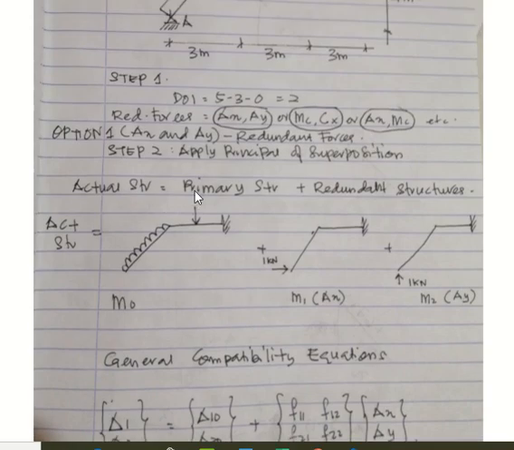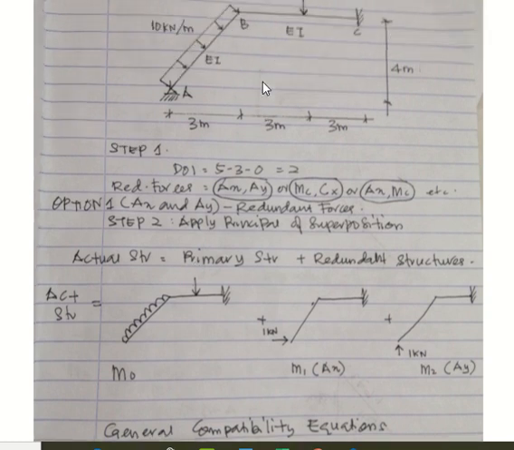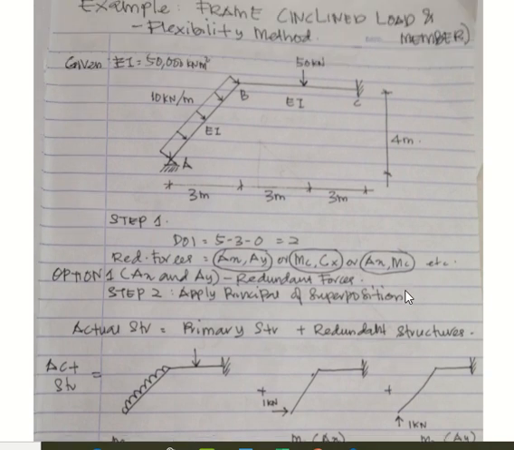Okay. Before we start our bending moment equation, we must decide how many cuttings we should have for every structure. To determine how many cuttings we should have, we must refer to the actual structure, just to determine how many cuttings we should have for the primary structure and redundant structures.